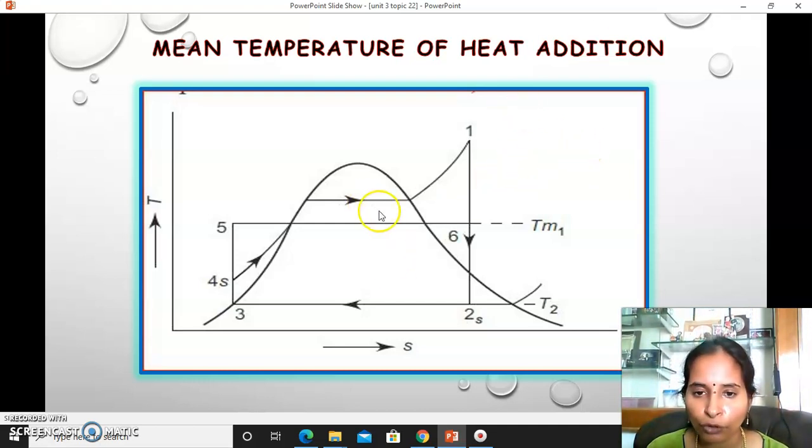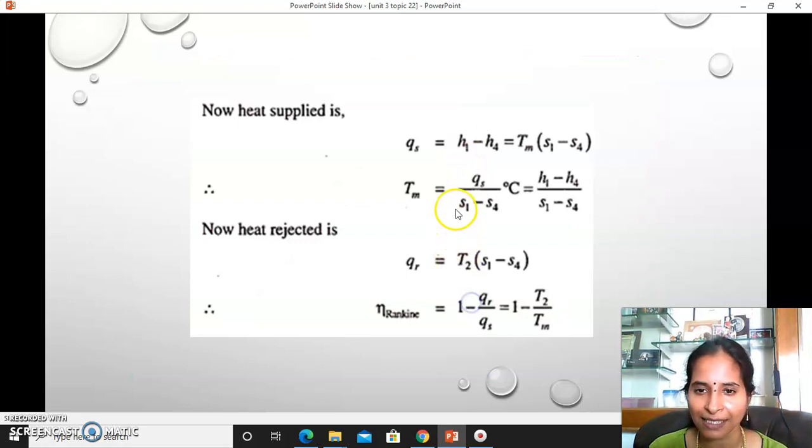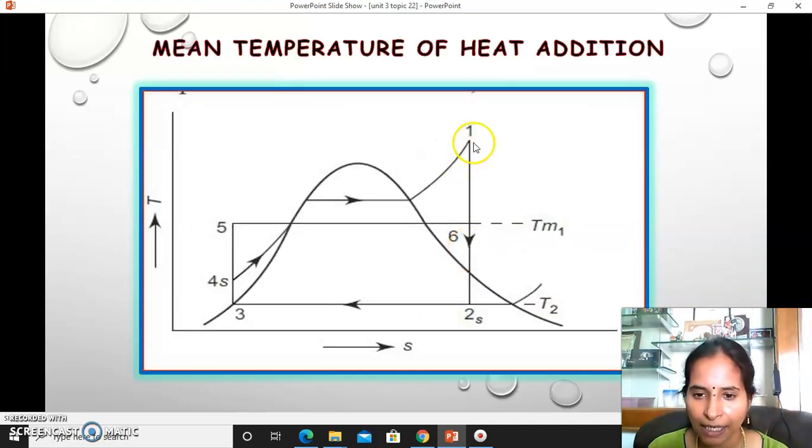So if you use superheat, this will result in a great extension of the expansion process, that is, the change in enthalpy would be higher.